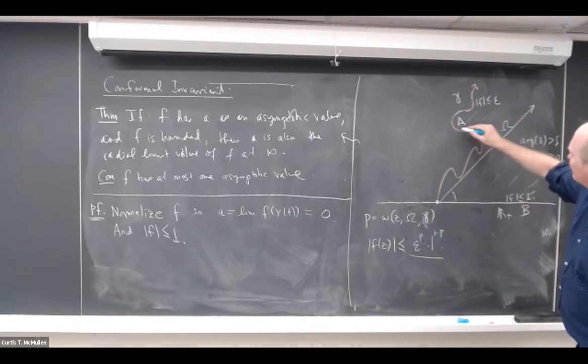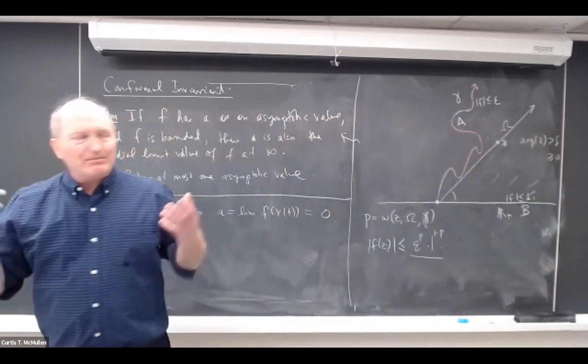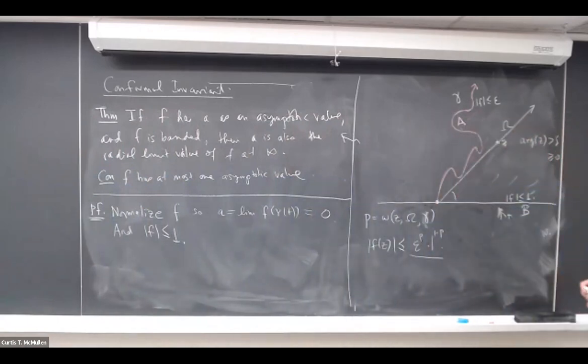And that will mean that convergence along this path to 0 will imply convergence along this path to 0. That's the idea. And now the problem is, we don't know what the harmonic measure is of gamma.